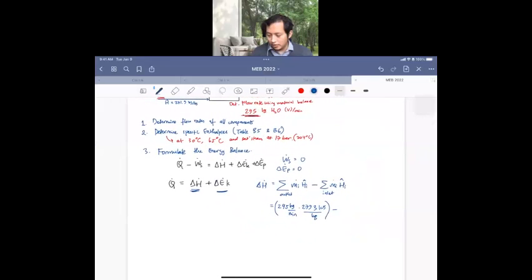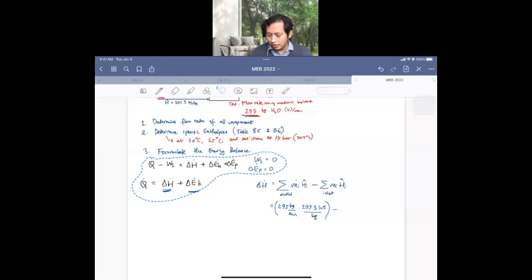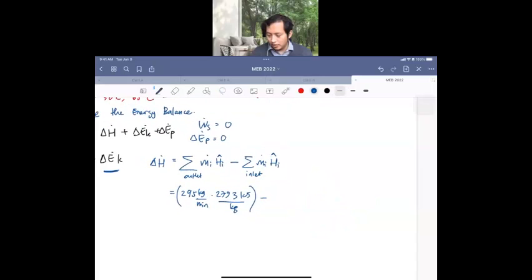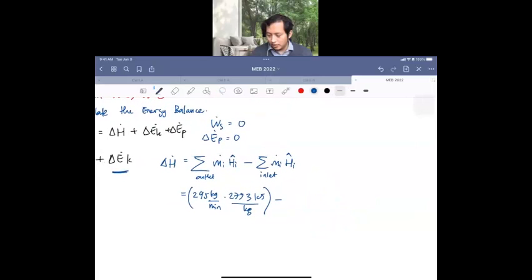Let me write a little bit left. Okay, and inlet, we can write this is 120 kilogram per minute, and then write all, sorry, it should be kilojoule, and plus.